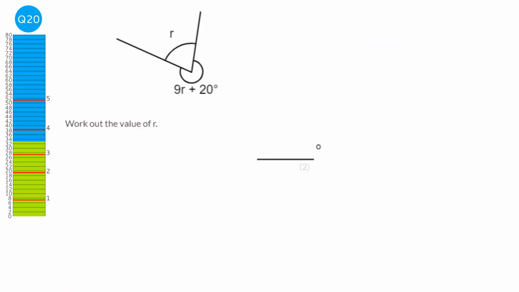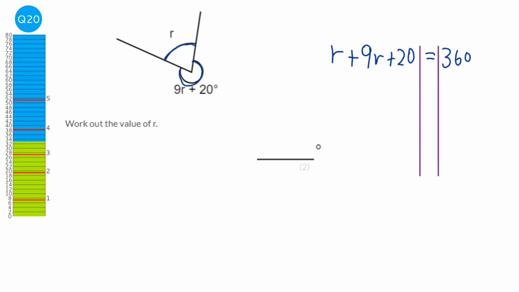So angles on a point add up to 360, and we are given the values of the angles, but in terms of r. So we know that r plus 9r plus 20 will equal 360. So we've got an equation here we can solve. So first of all, let's add the r's together, and so that will be 10r plus 20 equals 360.